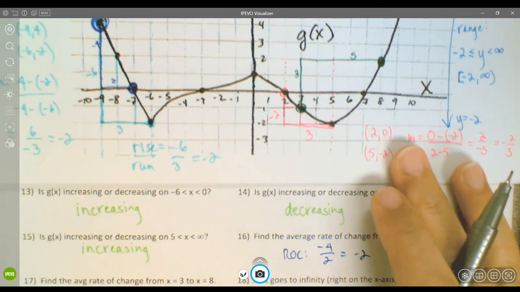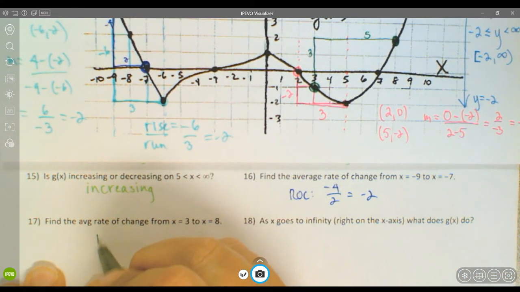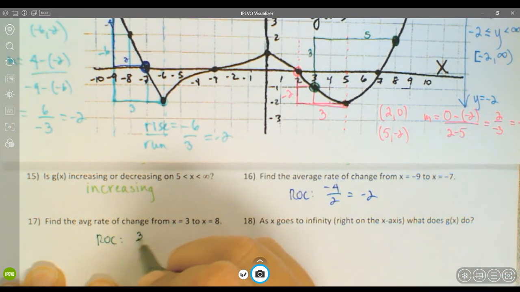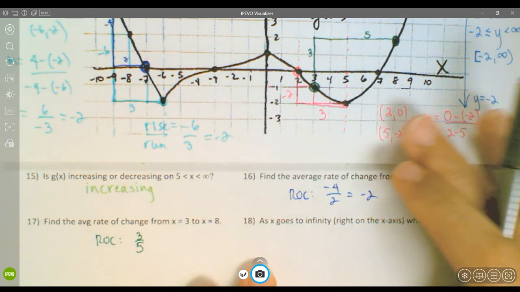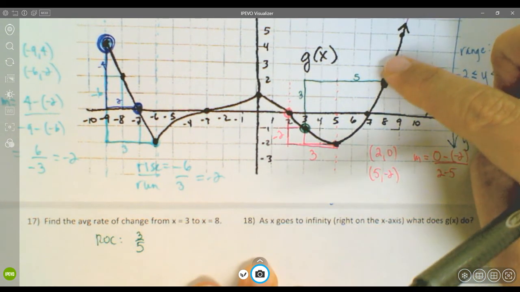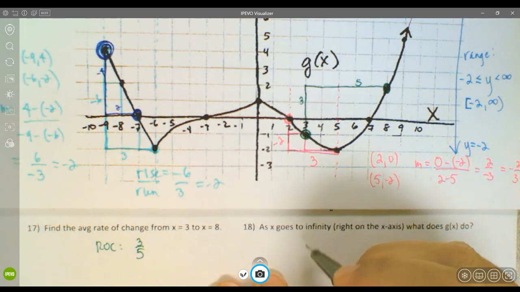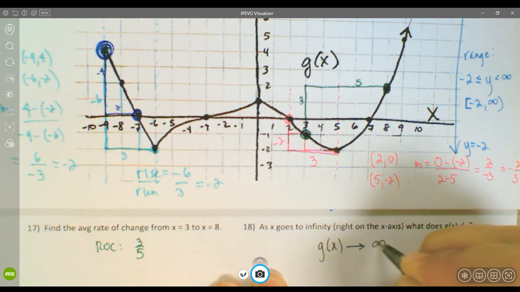So my average rate of change will be 3 divided by 5. Rise over run. And as x goes to infinity on the right side, what does g of x do? Well, as we move to the right, we're also moving up. So it looks like g of x also goes to infinity.